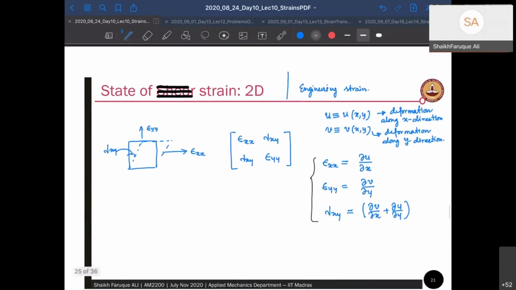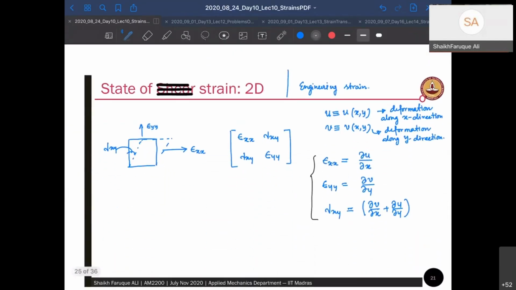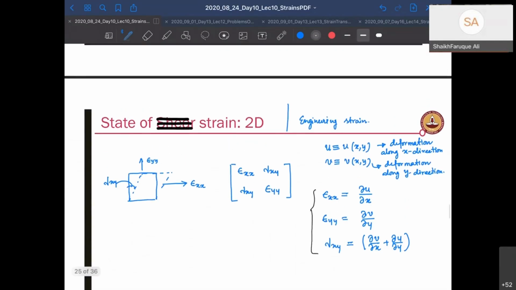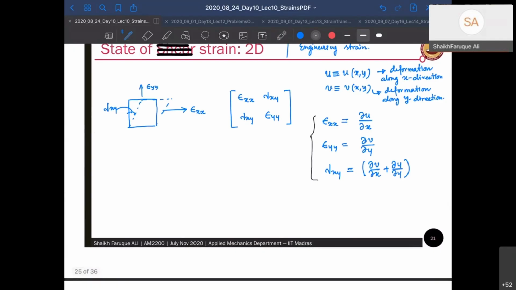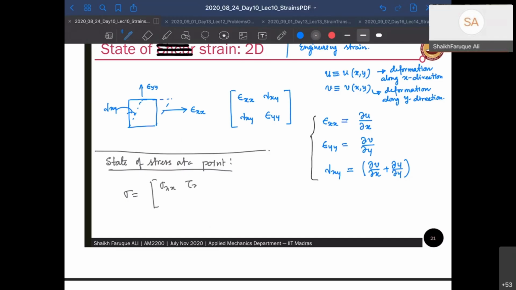Okay. Now we'll come to state of strain. We have learned state of stress. We know that state of stress at a point, we are now familiar with this already, sigma is given by sigma xx, tau xy, sigma yy, right?